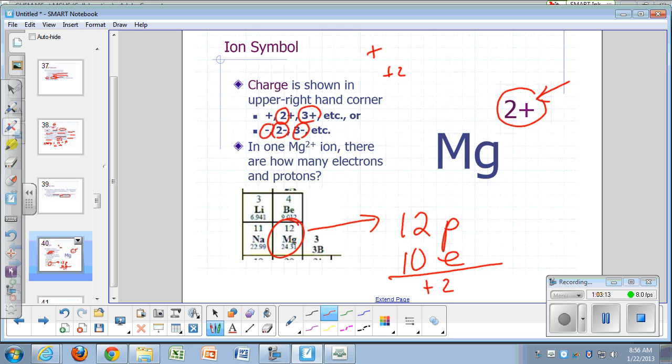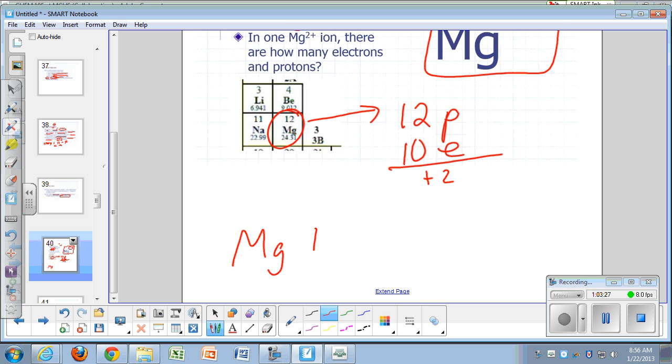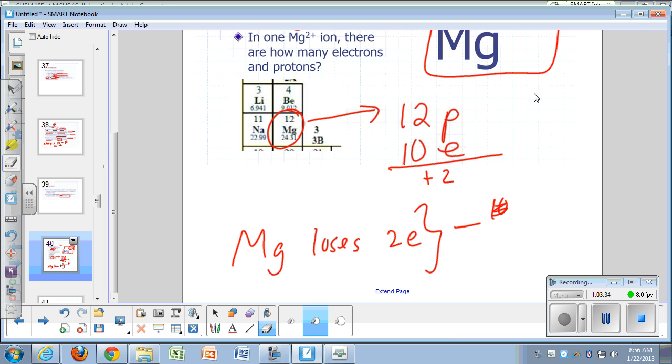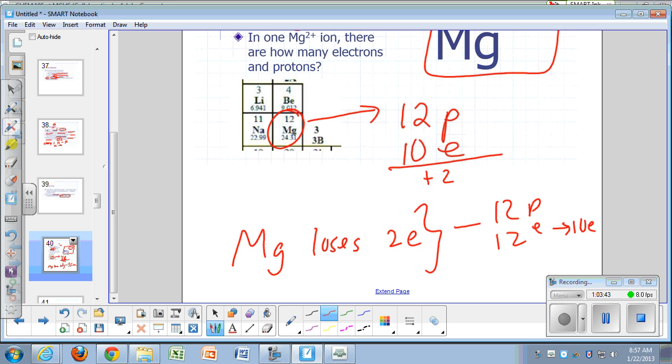So a magnesium ion is what you would get if a magnesium atom were to lose 2 electrons. So originally you have 12 protons and 12 electrons, and you end up with just 10 electrons. So 12 minus 10 would be +2.